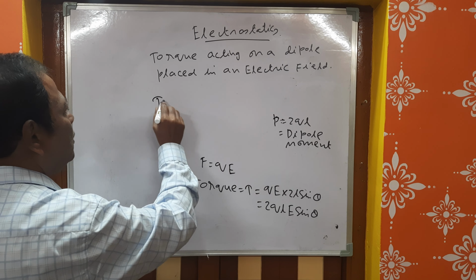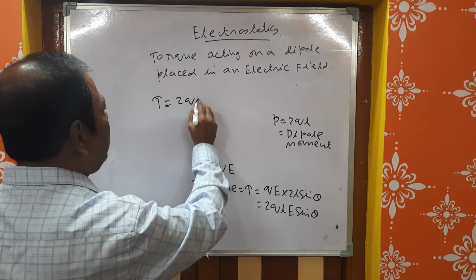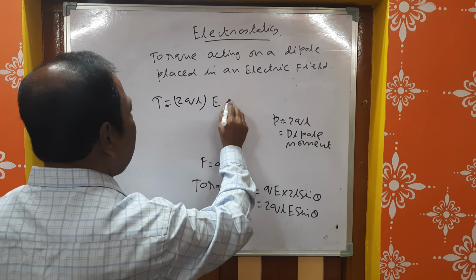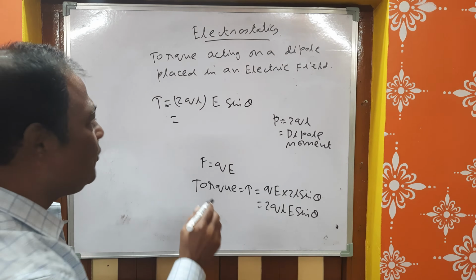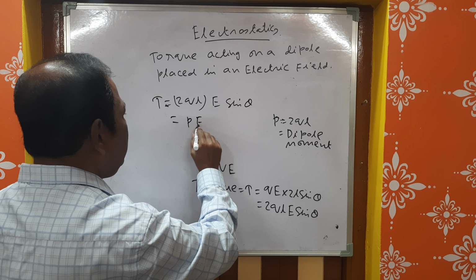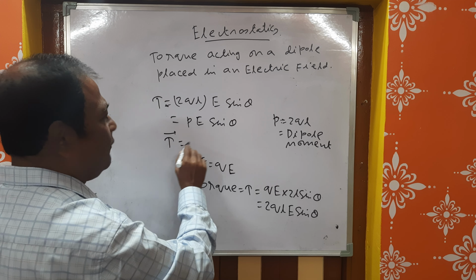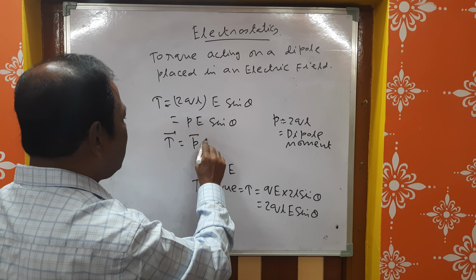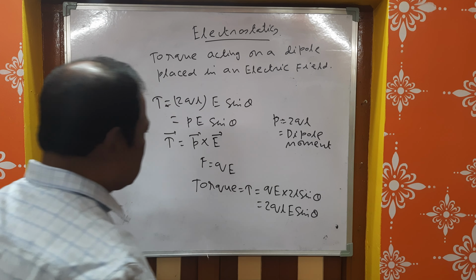So torque is equal to 2Ql into E sin theta, and 2Ql is P. So torque is PE sin theta. In vector form, torque is P cross E. It is a cross product.